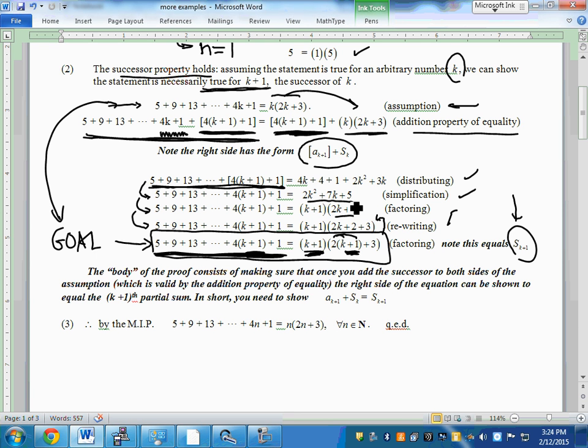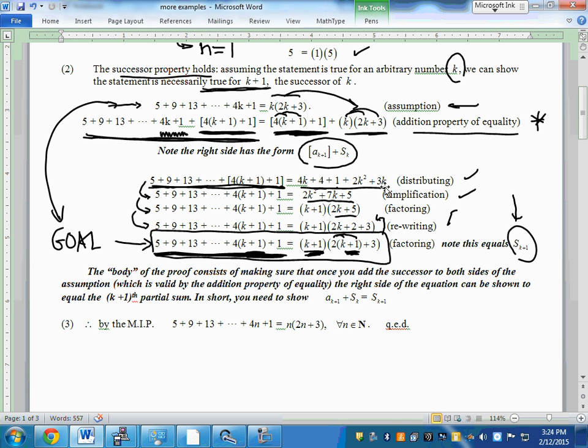And in fact, if we're working from this line right here, right down one, you can see we have 4k plus 4, that's this, plus 1, and then this is 2k squared plus 3k. So all the pieces are there. I just sort of clean them up, write them down in a nice logical way.